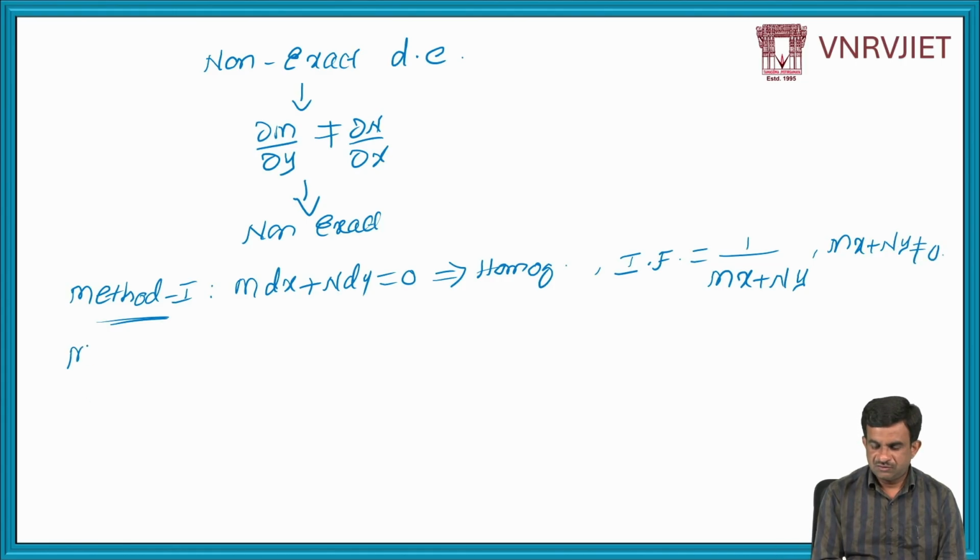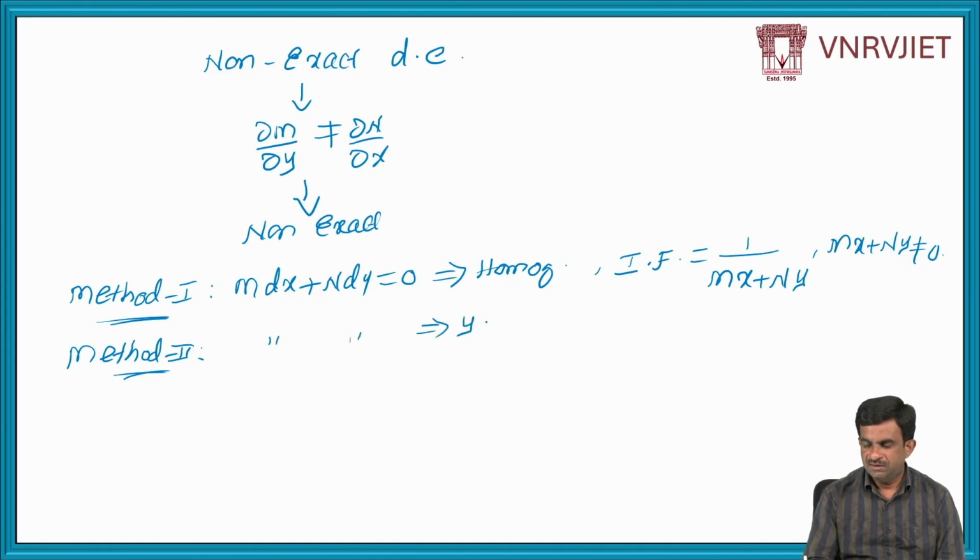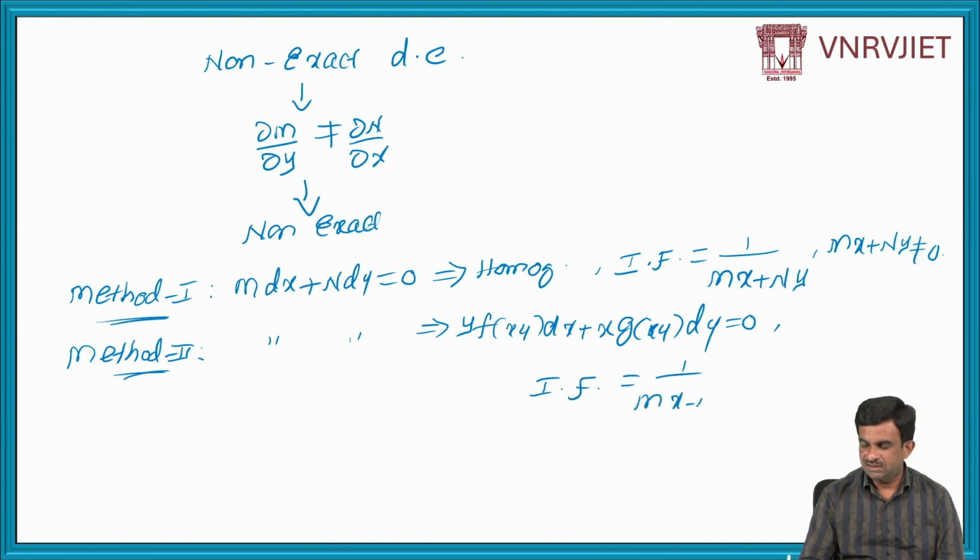In method 2, we discussed that whenever M dx plus N dy is in the standard form, y into some function f of xy dx plus x into some other function g of xy dy equal to 0, then we write the integrating factor as 1 by Mx minus Ny, where Mx minus Ny is not equal to 0.